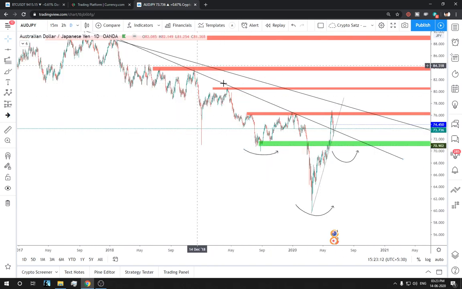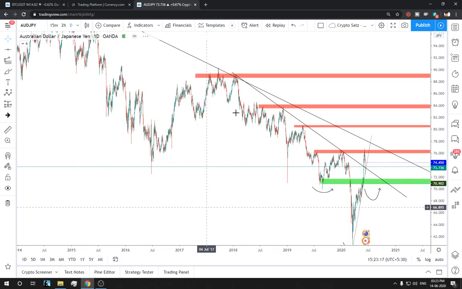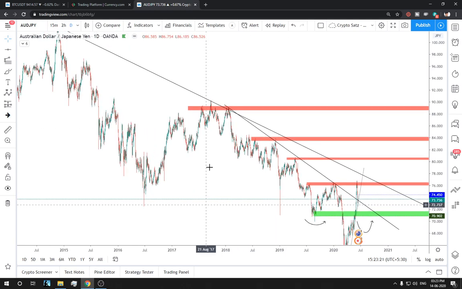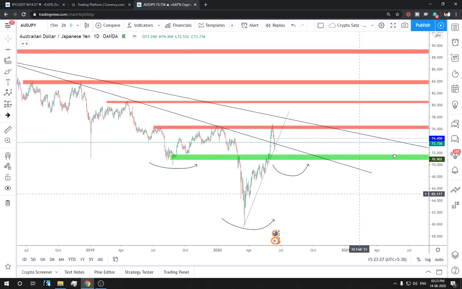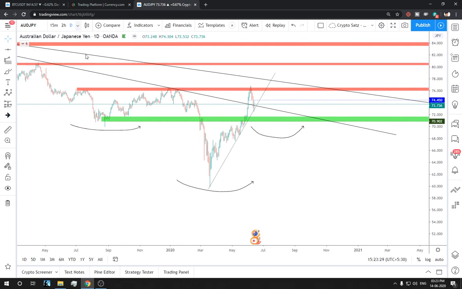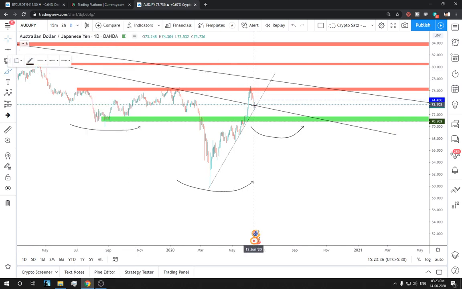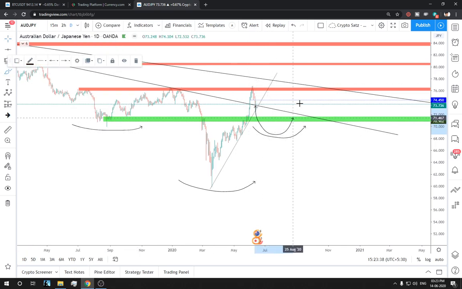Right now we have broken this resistance trend line, which was from here, and we have another resistance trend line over here, which is yet to be broken. Let's zoom in. On the daily, it's looking for a slight correction, and it may move up and form a reversal.